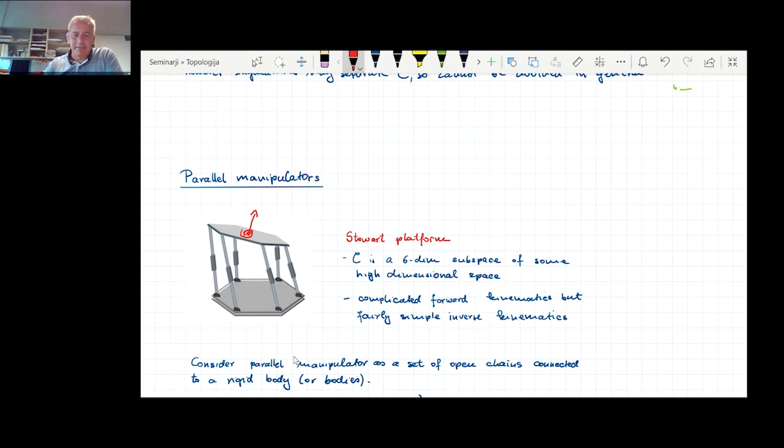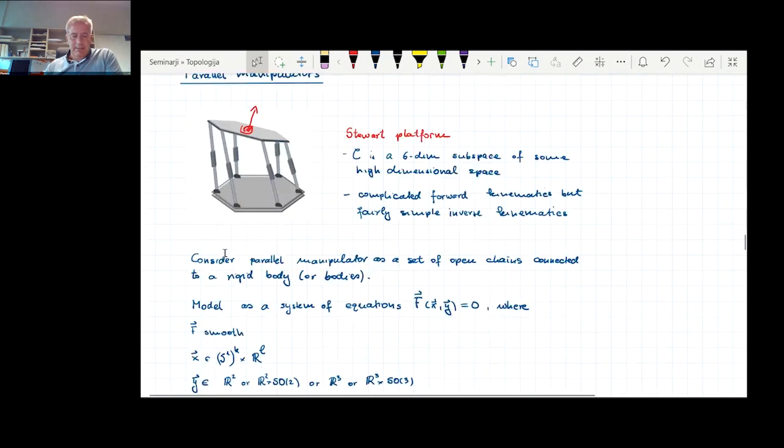Here it is really an easy exercise, and you can write down the formulas, which means if I prescribe a position, I can easily say how long those legs must be to achieve this position. So you have inverse kinematics and really difficult forward kinematics.